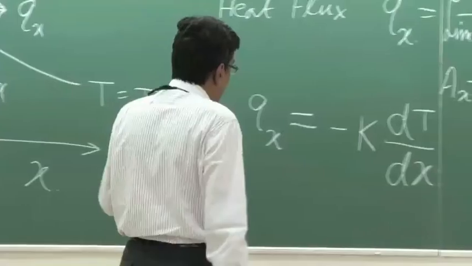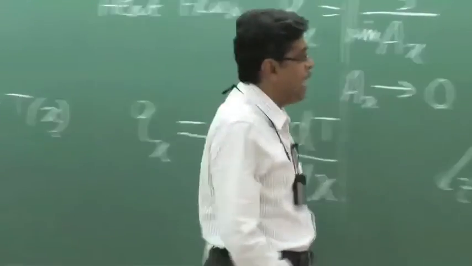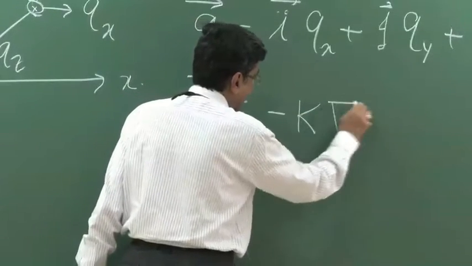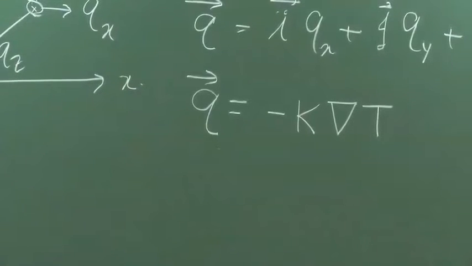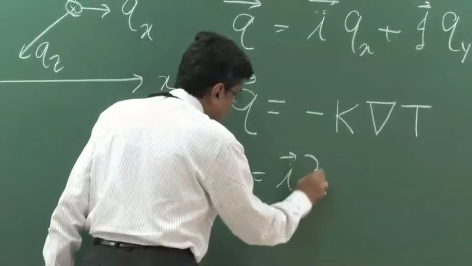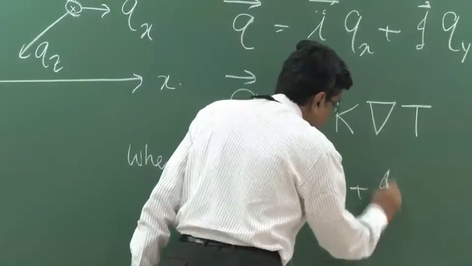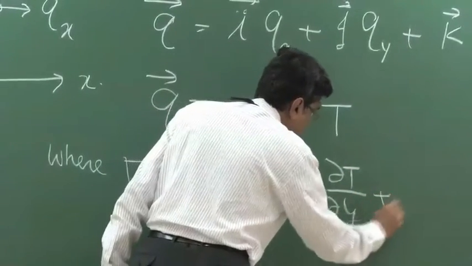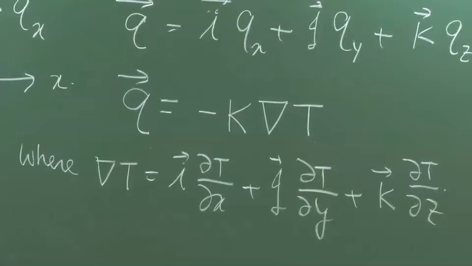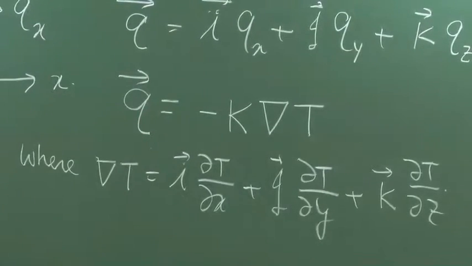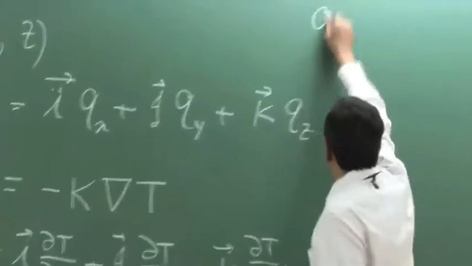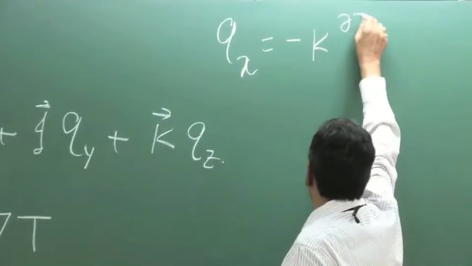In that case, this law given by scientist Fourier can be written in a generalized form as Q is equal to minus k grad T, that is, gradient of T. So Qx becomes minus k del T del x, because a partial derivative has to be given, since T is a function of x, y and z.